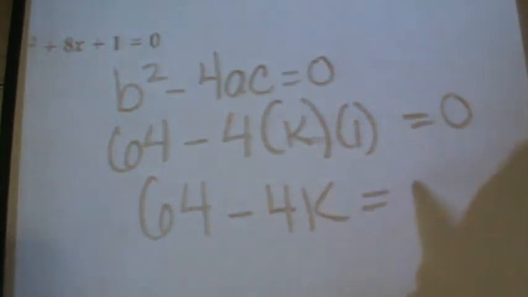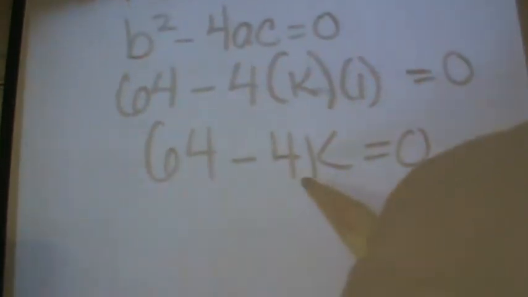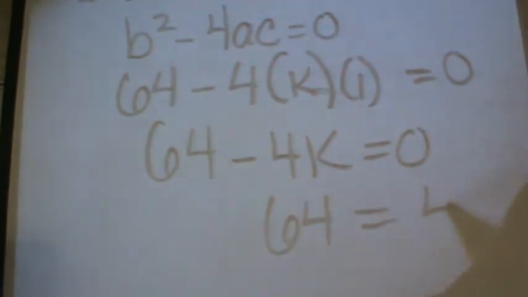What else could I do? Instead of subtracting 64, I could add 4k and bring 4k over here. And what's the answer? 16. How'd you get 16? Divide. 64 divided by 4.